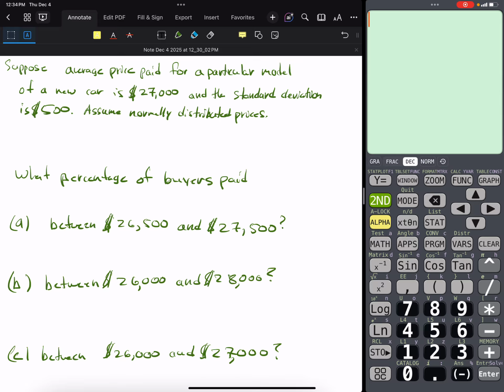Part A asks us what percentage of buyers paid between $26,500 and $27,500.